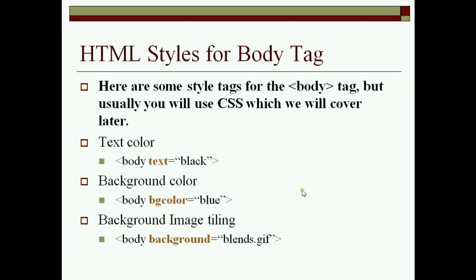Now, these are very basic styling tricks, but we're going to see later that there are different ways to style text and other attributes of the web document that are known as cascaded style sheets, or CSS for short. But that is to be covered later.